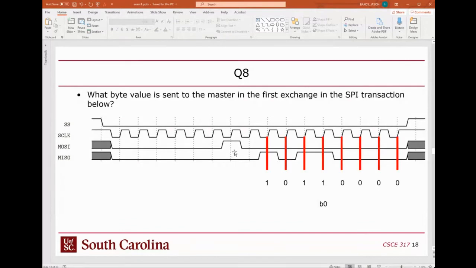I said, well, the answer must be 10110000, which is B0.